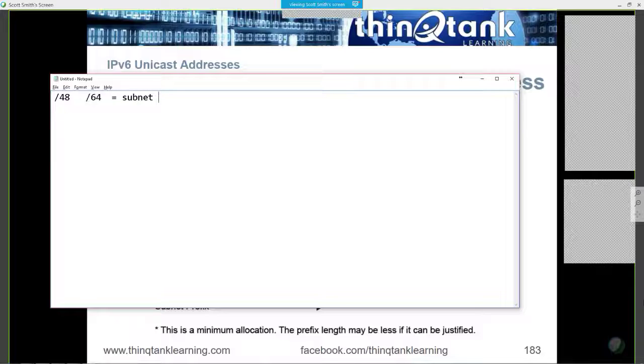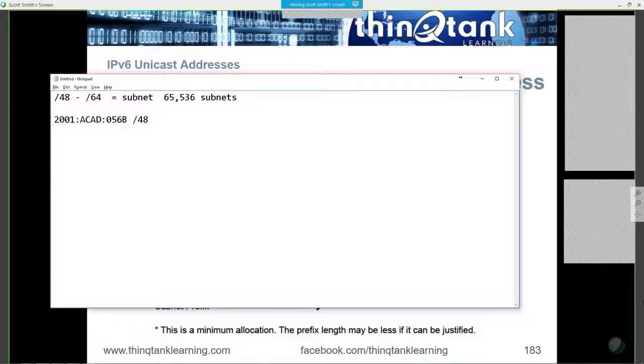That's 65,536 subnets. So here's what's going to happen. As a company, you're going to get an IPv6 prefix, and maybe it's 2001:ACAD:056B. That is your company-wide prefix.